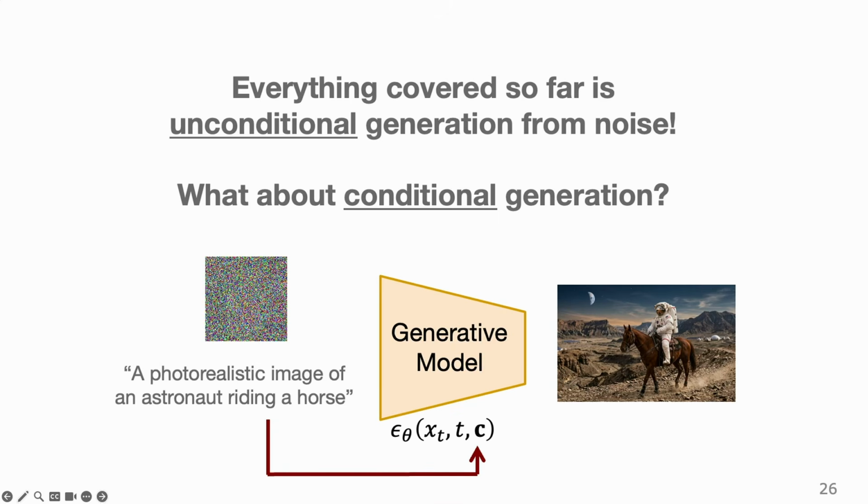In image generation, we want to condition, let's say, on a text prompt, or for our robots, we want them to solve a task. There is a simple fix on how we can achieve this. We can just pass along conditioning information c that acts as an additional input to the noise predictor, and then we can keep the entire training procedure the same.